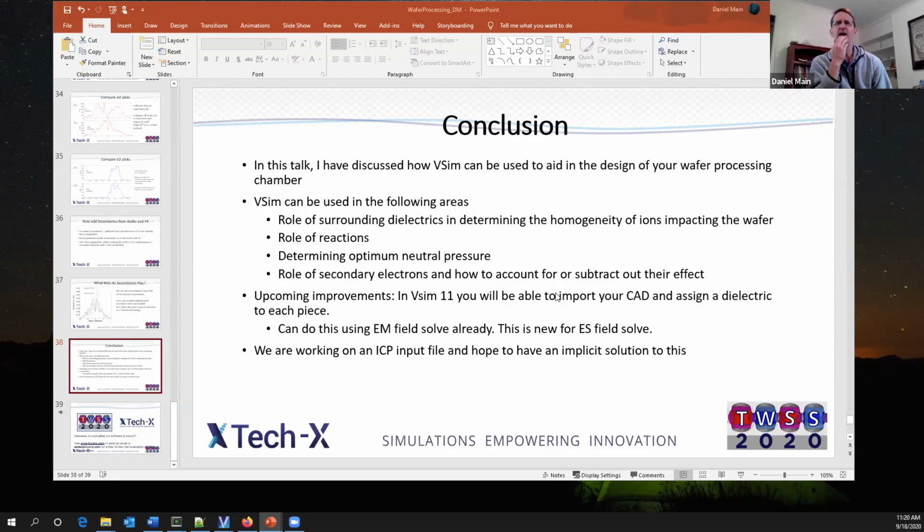Right now we're absorbing particles at the boundaries. That's how we're handling the dielectric boundary. Some of those particles are absorbed and stick to the dielectric, because dielectrics aren't conductors.